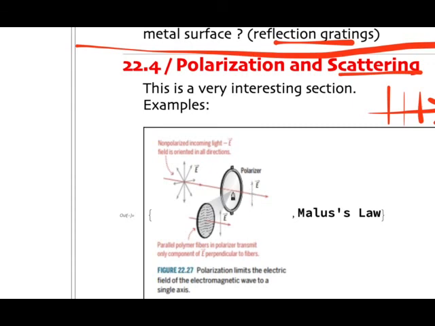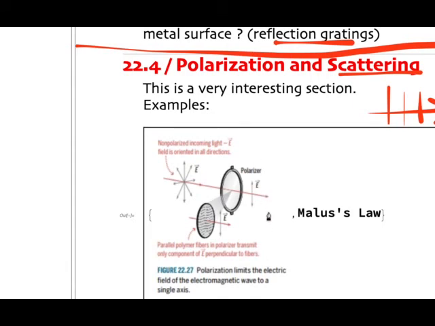So the intensity of light after it goes through the polarizer is about 50% lower than the intensity of the incident light, because half of the light, the parts oscillating perpendicular to the polarizer direction, is cut out, absorbed. The rest of the light comes through, so it has about half the intensity. So it says here, parallel polymer fibers in a polarizer transmit only the component of E perpendicular to the fibers. And so downstream of the polarizer, you have polarized light.